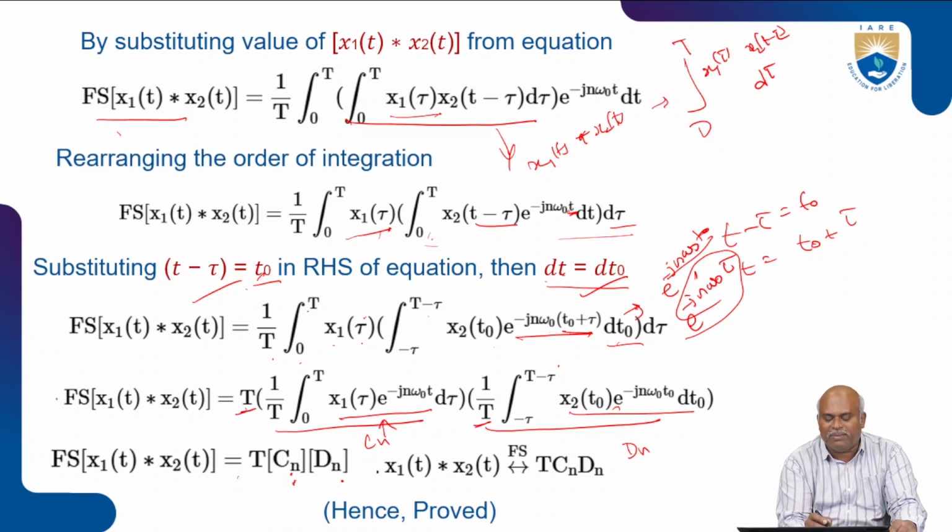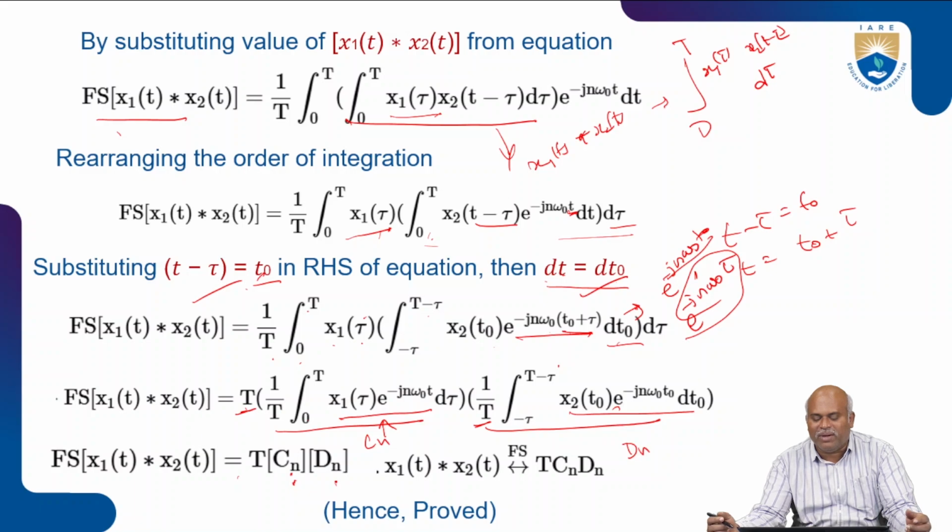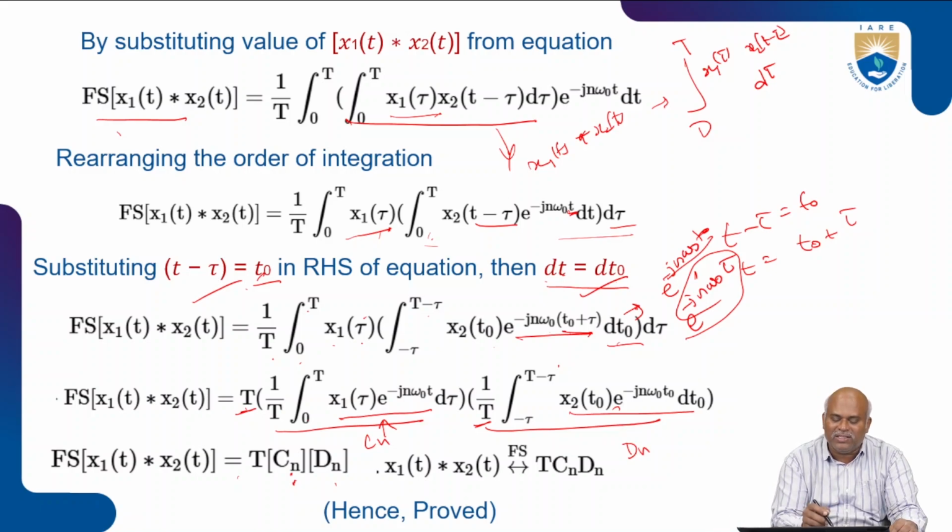This term is represented as d of n. Now finally, the Fourier series of x1 of t convolution x2 of t is equal to this T, the fundamental period, multiplied. This term, 1 by T integration of 0 to T x1 of tau e power j n omega 0 tau d tau, is represented as c of n. This term, 1 by T integration of minus tau to T minus tau x2 of t0 e power j n omega 0 t0 dt0, I write as d of n.